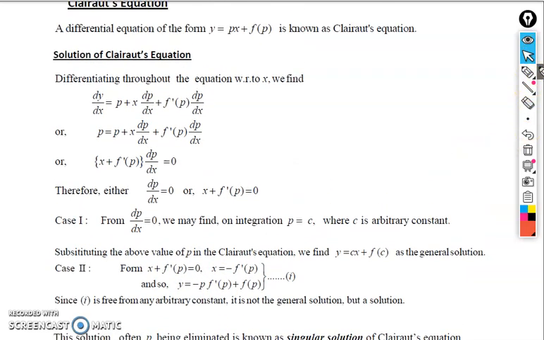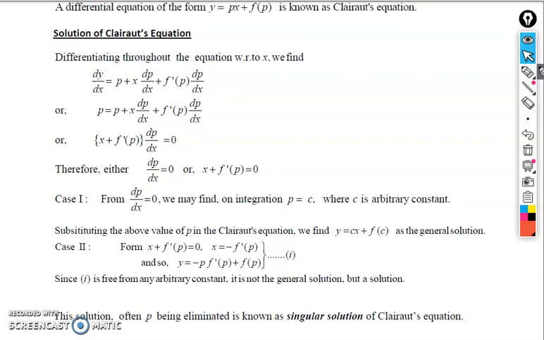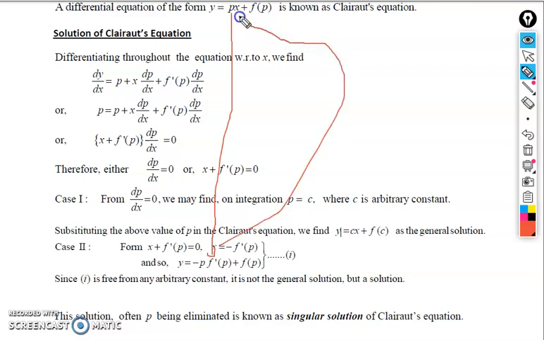So if we put x equals minus f'(p) in this equation, from this, just put the value of x in this equation, we get this result.